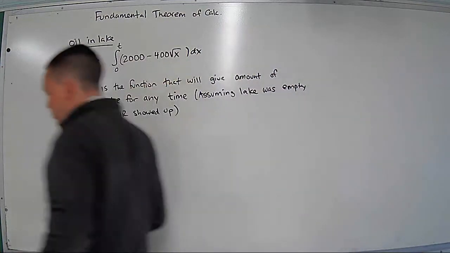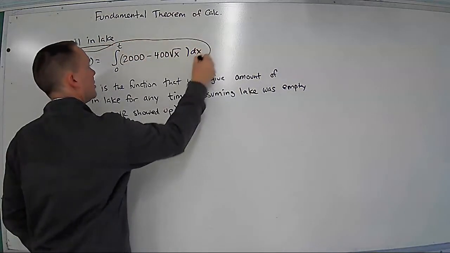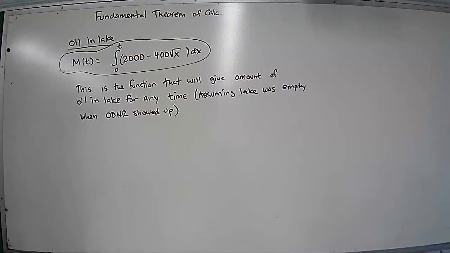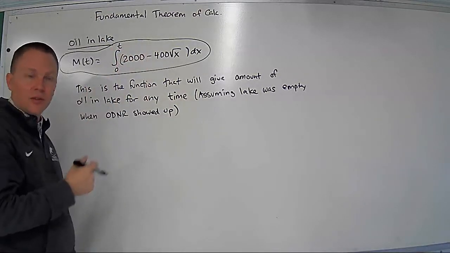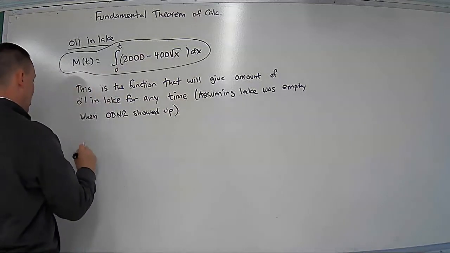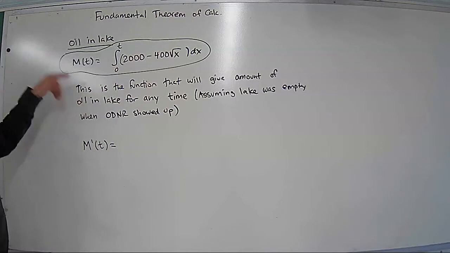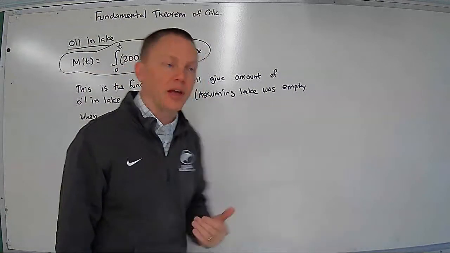Now, my question for you guys is, this is a funky looking function, okay? And we learned last time that this is actually an antiderivative. If I asked you, what's the derivative of this function? You would say, well, if this is the function that tells the amount of oil in the lake, the derivative is going to be the rate of change of oil in the lake.